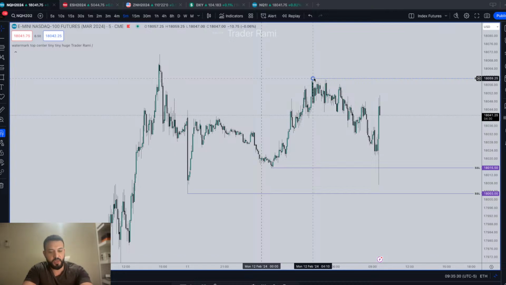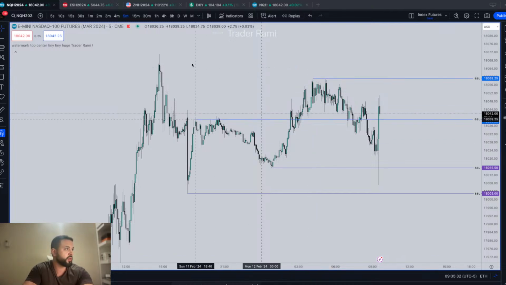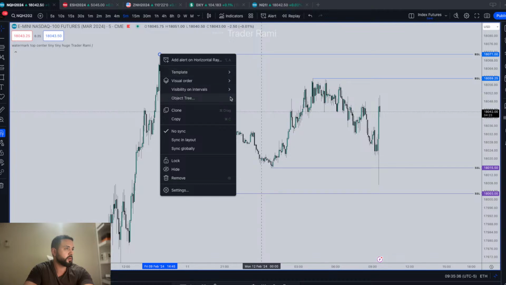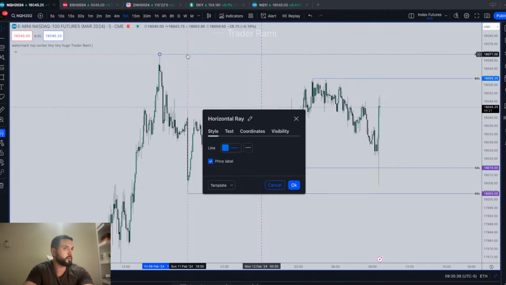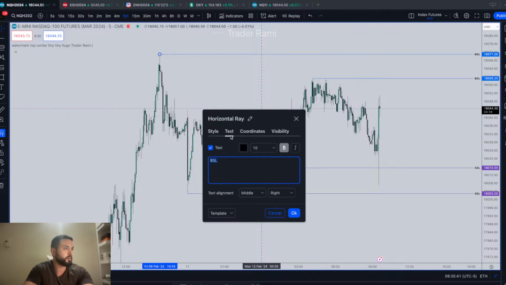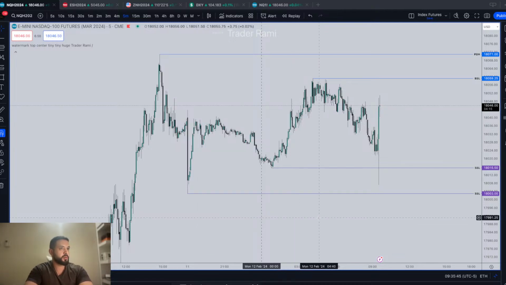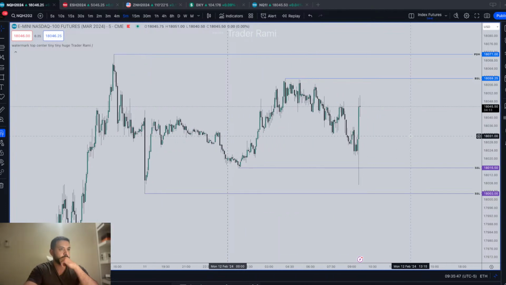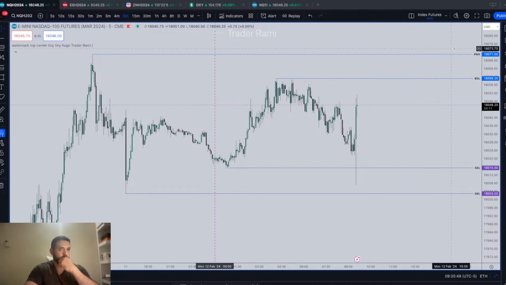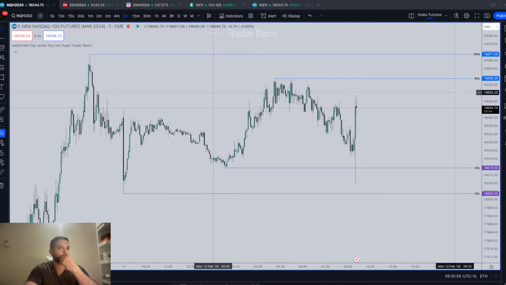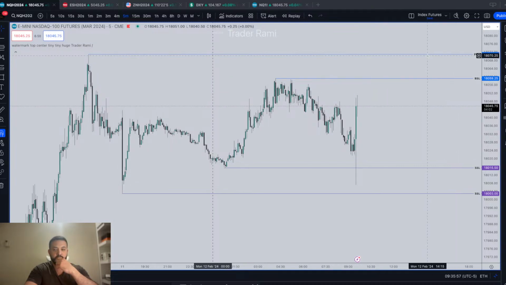I'm just going to label that as previous daily high just so we can keep that in mind, because that is an important level. So PDH stands for previous daily high, 1860 to 68. See what's up just above that. Yeah, previous daily high. Yep.